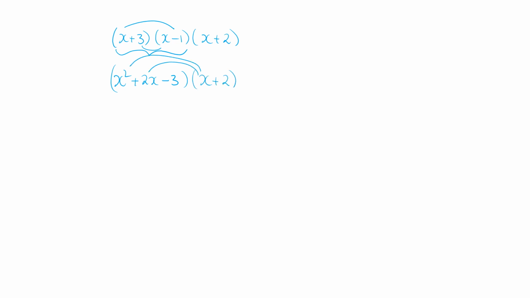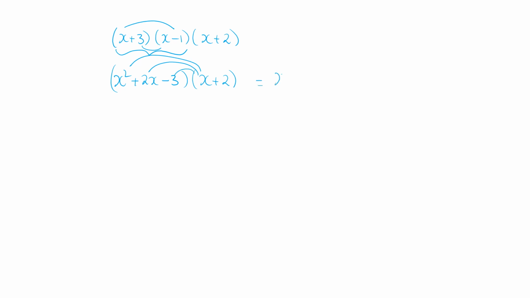One last thing, just make sure that you know how to multiply out 3 brackets. So say we had 3 brackets there, you would maybe do 2 of them and then times the other one. So doing the first 2, you're going to get x squared minus x plus 3x, which is plus 2x and then minus 3. So that's the first one. And then multiply by the second one. So multiply x by each of these.